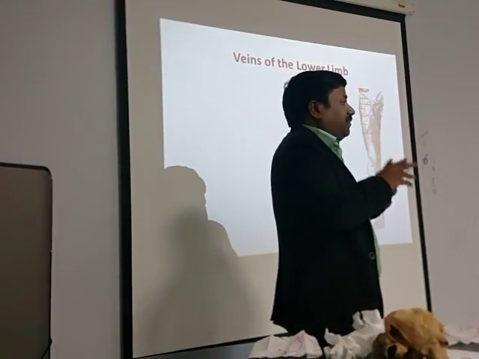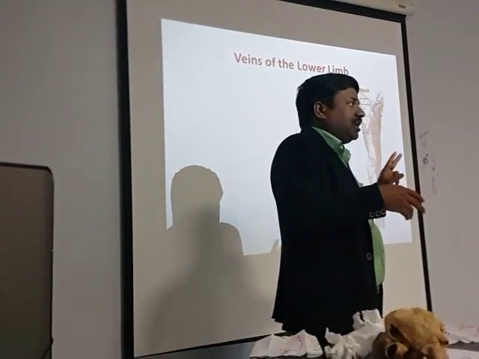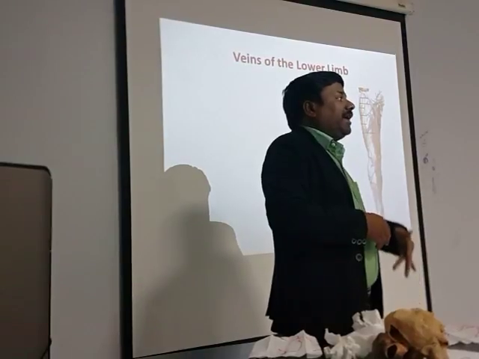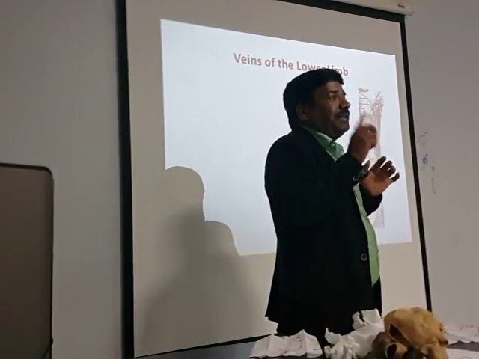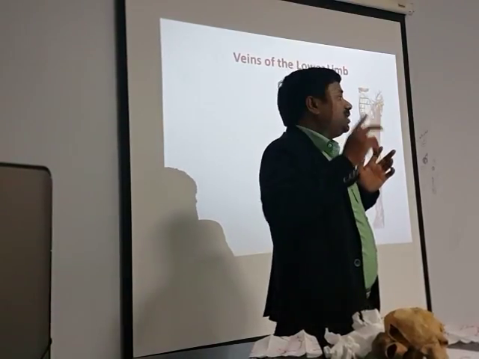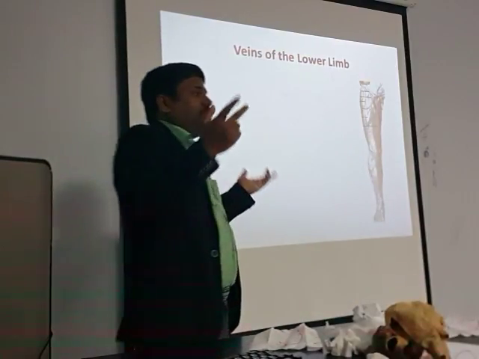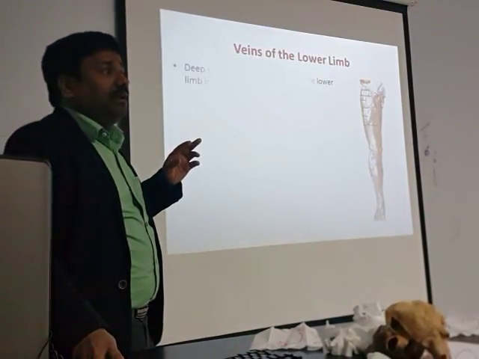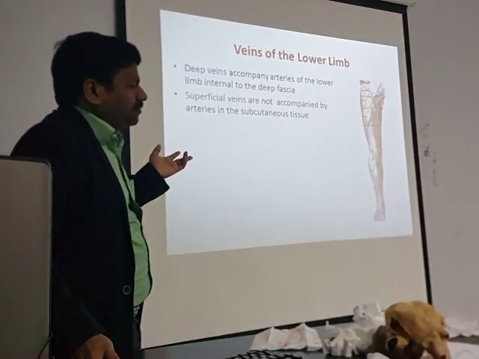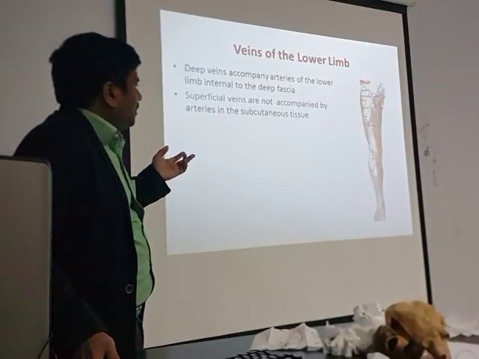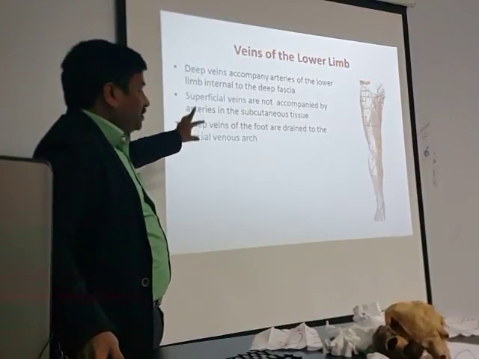The superficial veins, similar to the 2 veins on the upper limb, here you also have 2 veins. They are called saphenous veins: the great or greater saphenous vein and the lesser or small saphenous vein. You have deep veins which accompany the arteries, and superficial veins which are just below the skin.